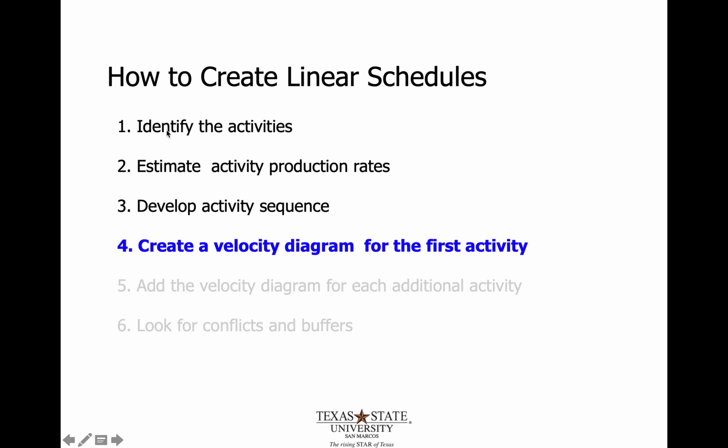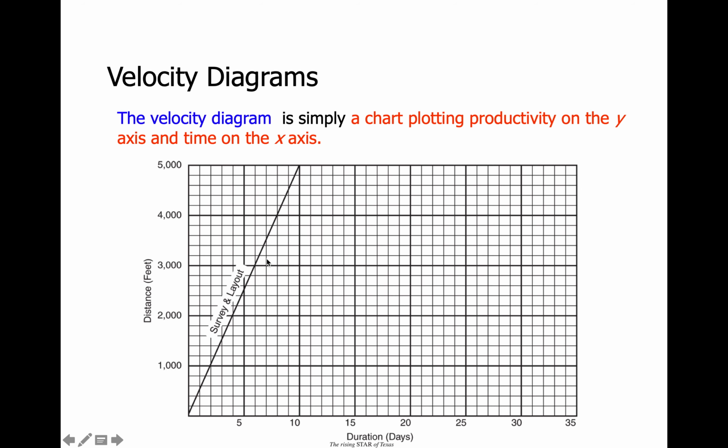So where we're at in the process, we've done these first 3. Now we need to create the velocity diagram. So here's a velocity diagram with the first activity actually added. You'll see, as I previously said, it is just a plot. On the x-axis is duration in days, starting at 0. Each little increment is 1, so 1, 2, 3, 4, 5.